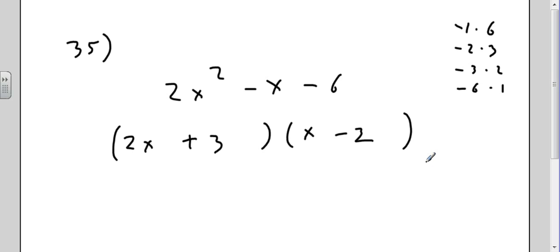The first guy, a is a 2, b is a -1, c is a -6, tell it to solve, and it's telling me that x1 is -3 over 2, and x2 is 2.